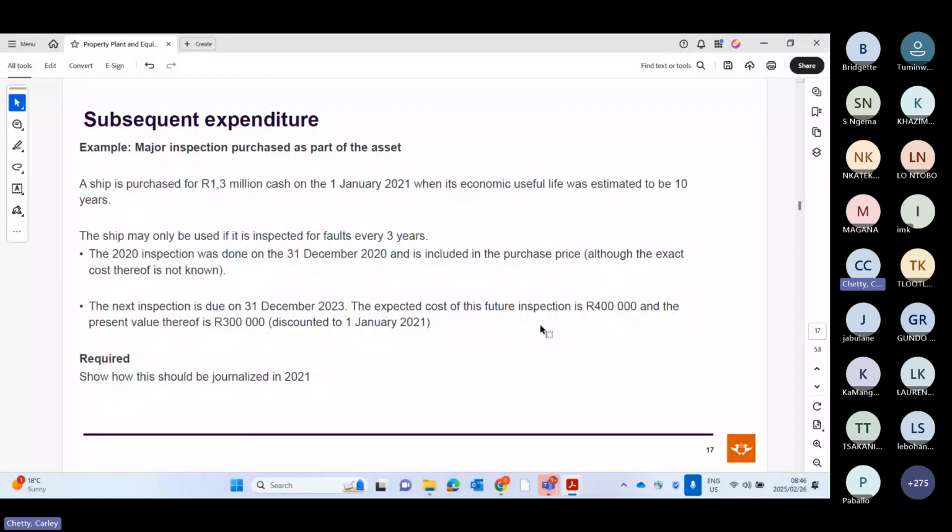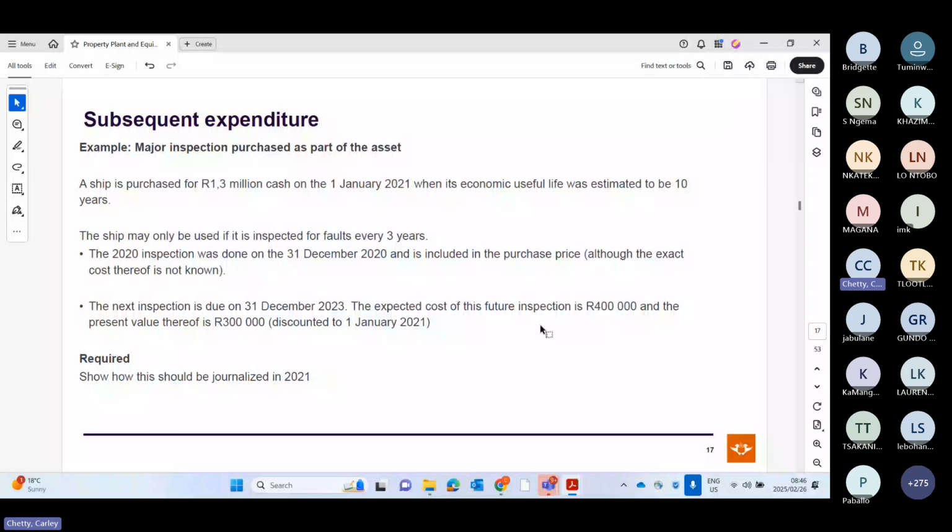The next inspection is due on 31 December 2023. The expected cost of this future inspection is 400,000 Rand, and the present value thereof is 300,000, discounted to 1 January 2021. Show how this should be journalized.